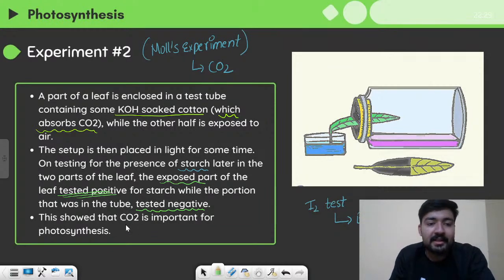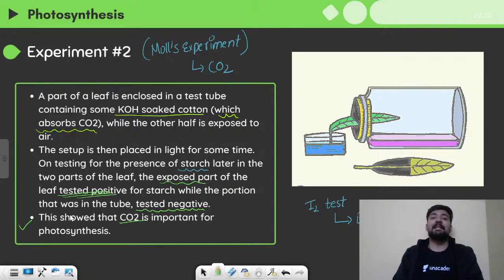So this showed that CO2 is important for photosynthesis, as we have already seen that CO2 is the main reactant or the raw material used for photosynthesis. This is the one which makes glucose and that glucose forms starch. So yes, this experiment is proving the significance of carbon dioxide for the process of photosynthesis.